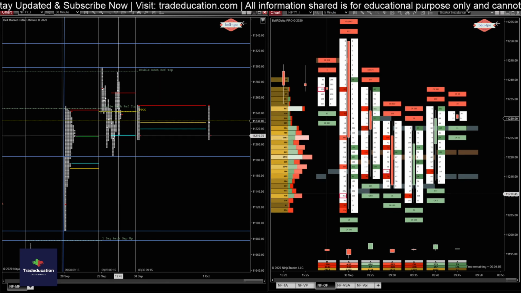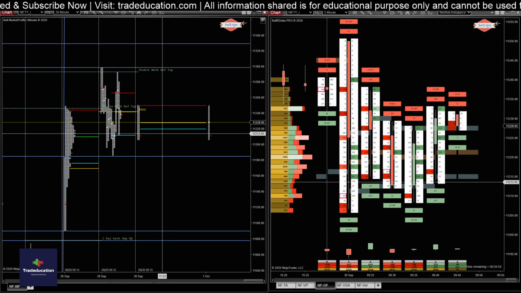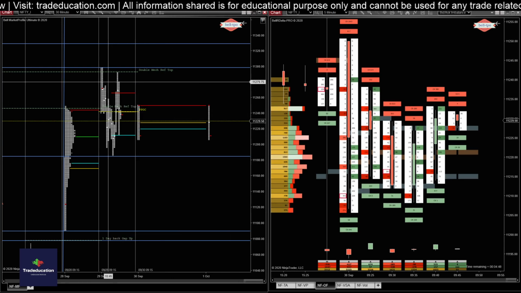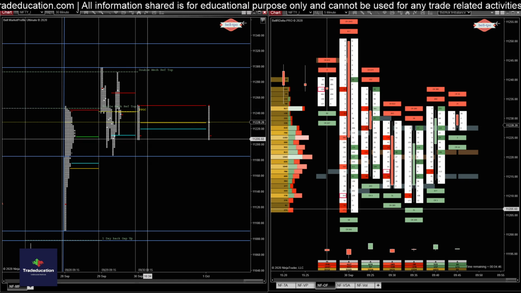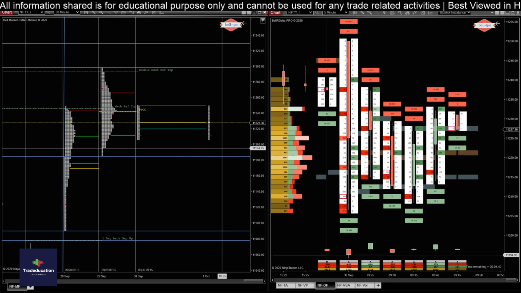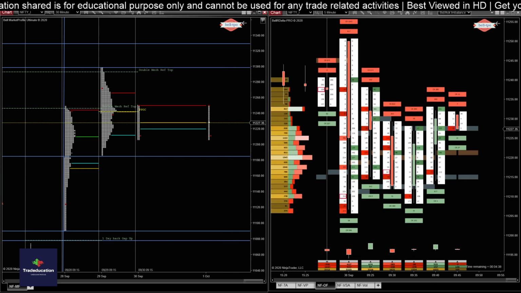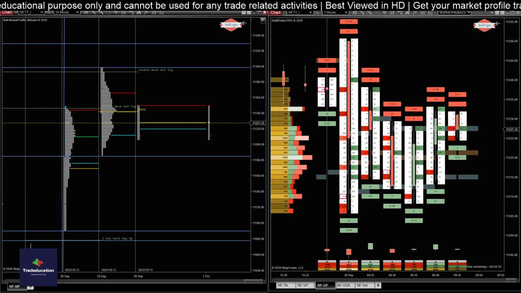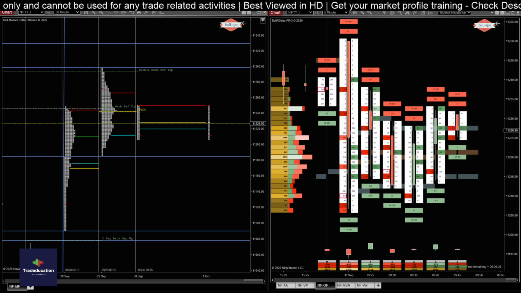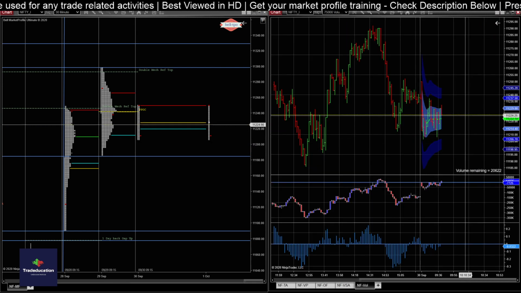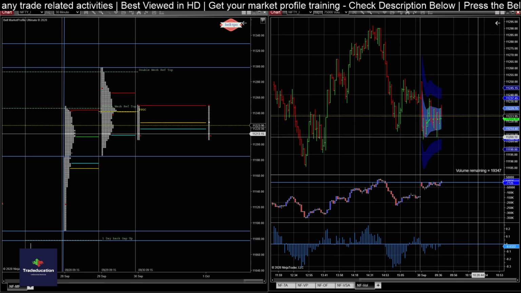So this halfback reference is cleared. This halfback is cleared. Again, it's just hovering around VWAP.